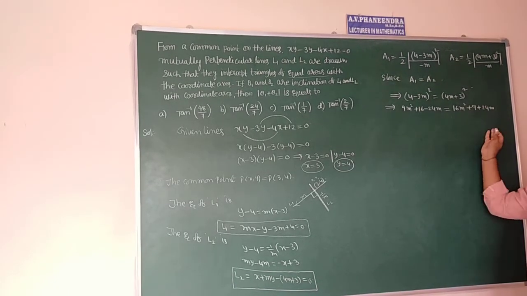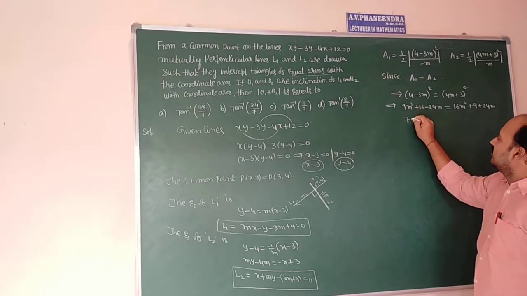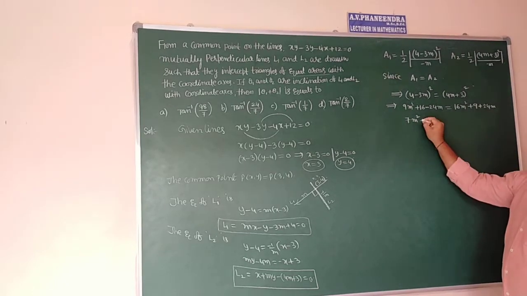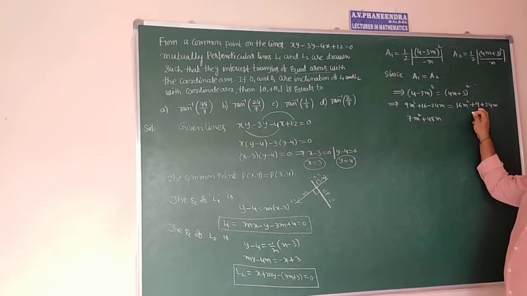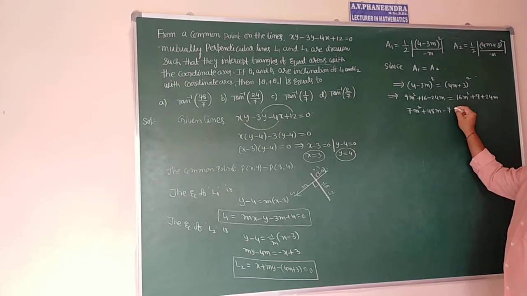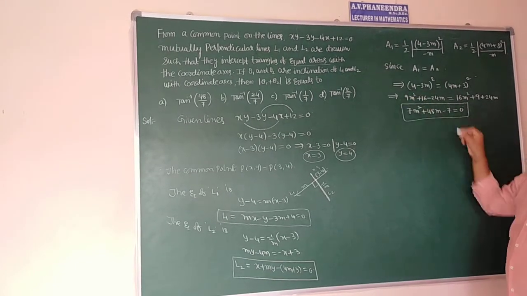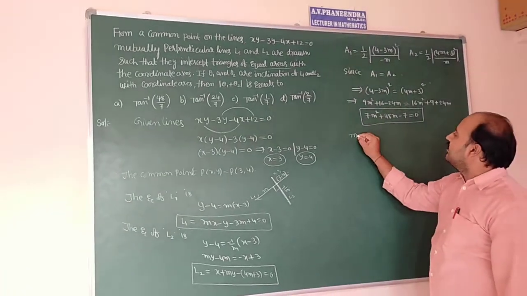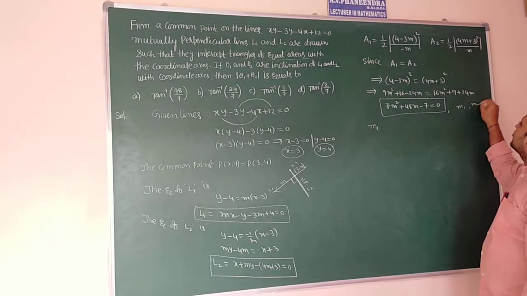Taking these values to this side, 16m squared minus 9m squared is 7m squared. Minus 24m, again taking this side, minus 48m. And 9 and 16 we take this side, 9 minus 16 is minus 7, equal to 0. This is a quadratic equation in terms of m. It has two roots, m1 and m2 respectively.